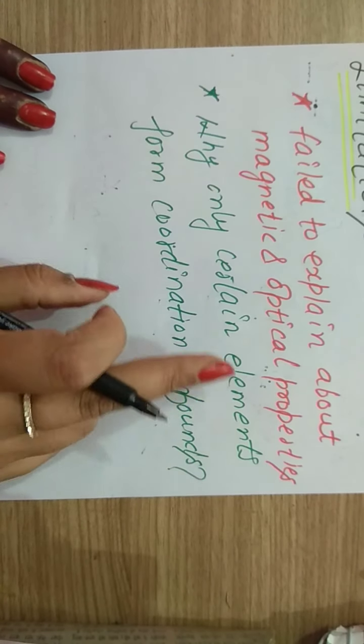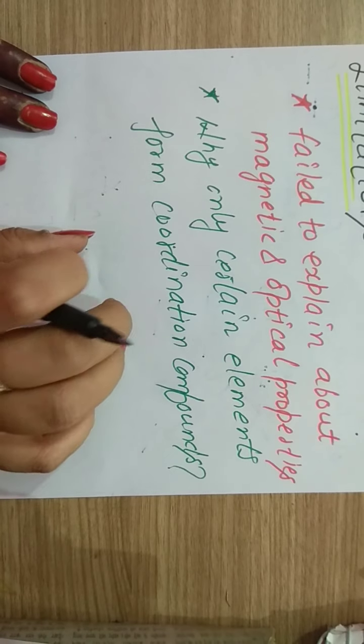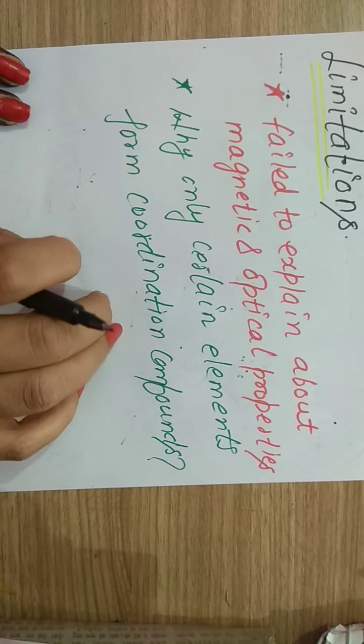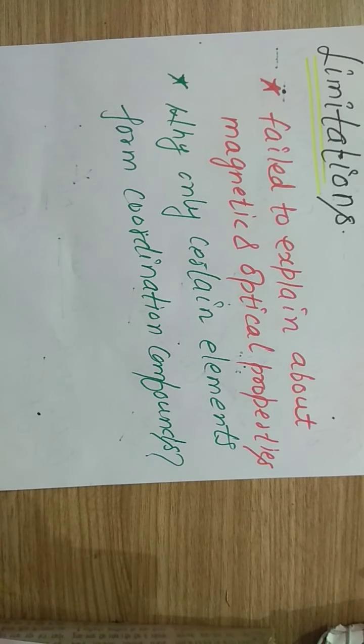So he could not explain the reasons behind it. So these are its limitations, which are further solved by some different theories, which we will do in our next videos. So this is about Werner's theory.